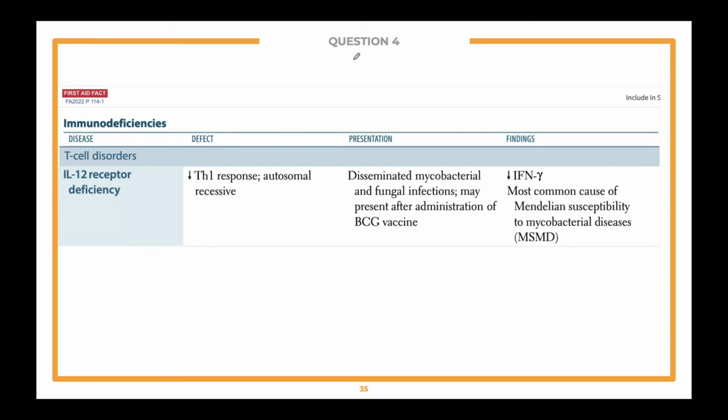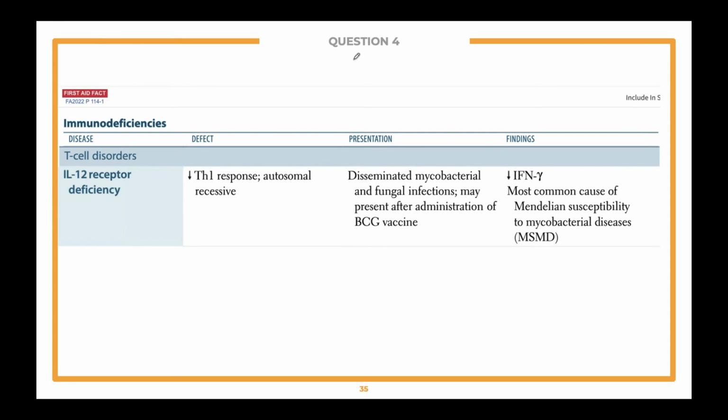You can also see here that it's the most common cause of susceptibility to mycobacterial diseases, which is why both of those twins had mycobacterial diseases. Nothing about abnormal B cell levels, T cell levels, NK levels, immunoglobulin levels. Everything's normal here except for decreased interferon gamma levels.